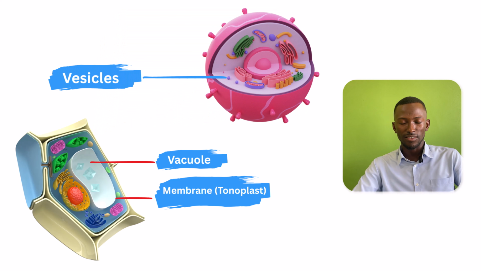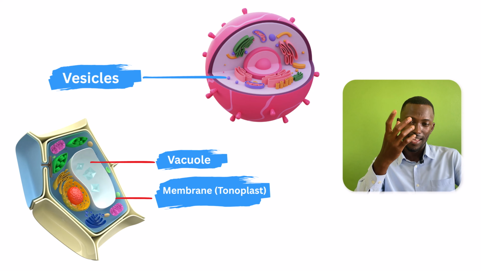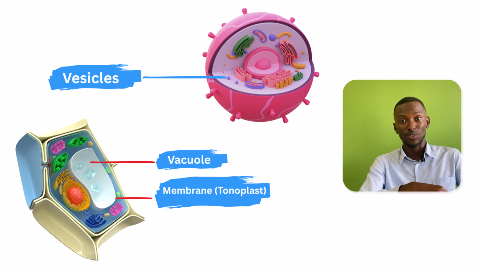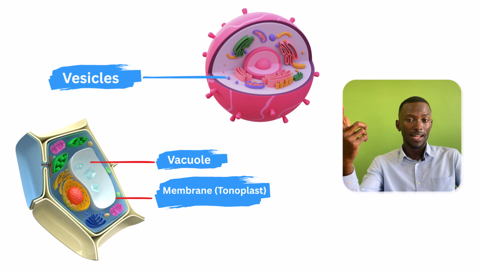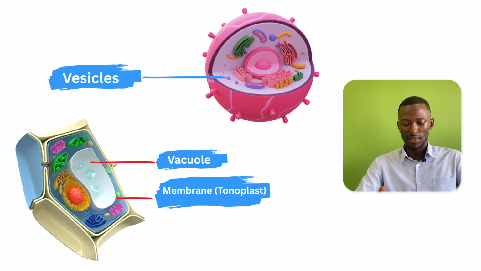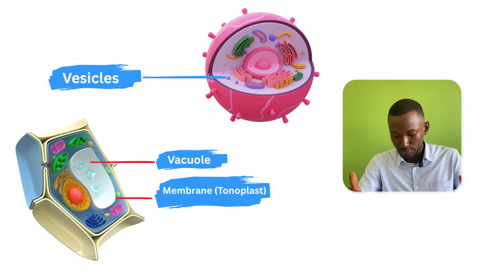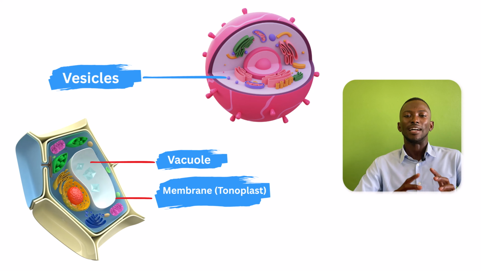Meanwhile, in animal cells, vacuoles are tiny and numerous, and they are also known as vesicles. In plant cells, they are large and contain substances like sugars and other dissolved substances called cell sap. So vacuoles are so important to the entire health of an animal and plant cell.